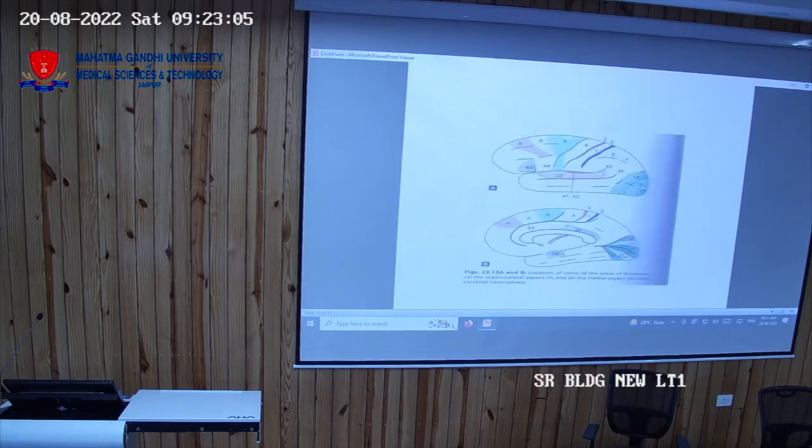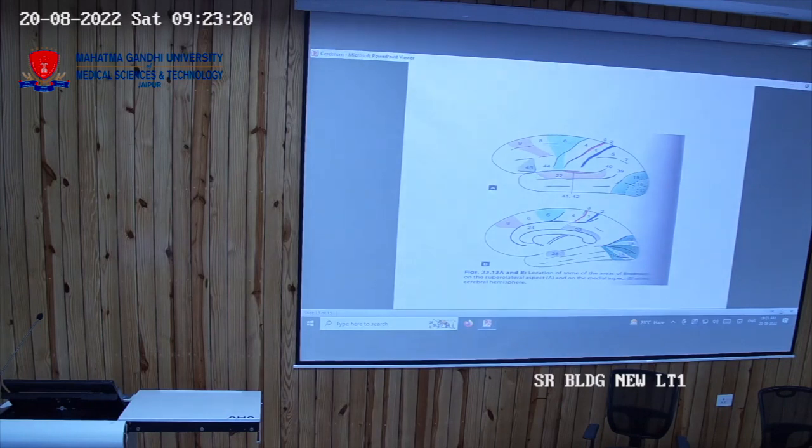Area number 4, that is primary motor area, and this primary motor area consists of about 40 to 50% of pyramidal cells, also named as Betz cells.